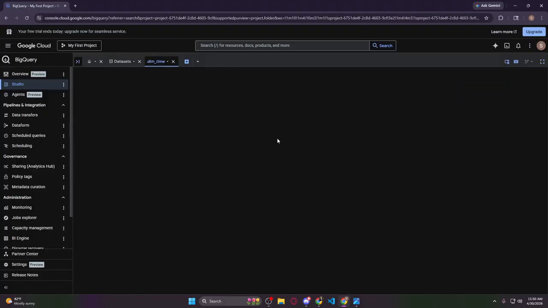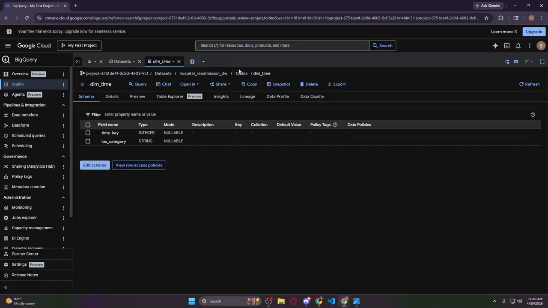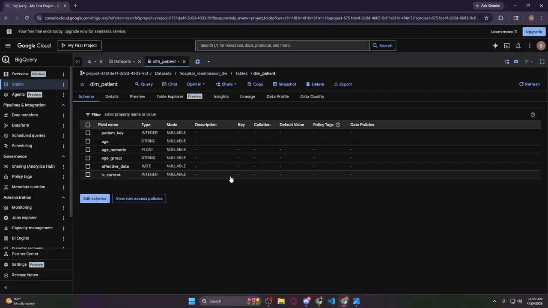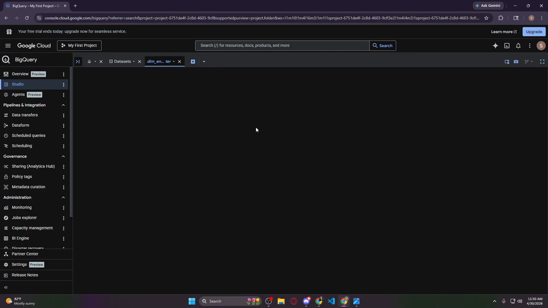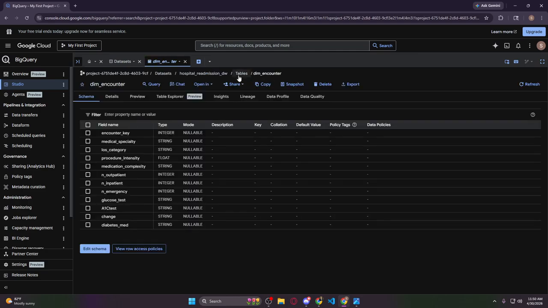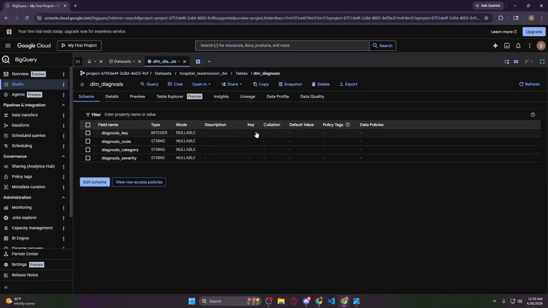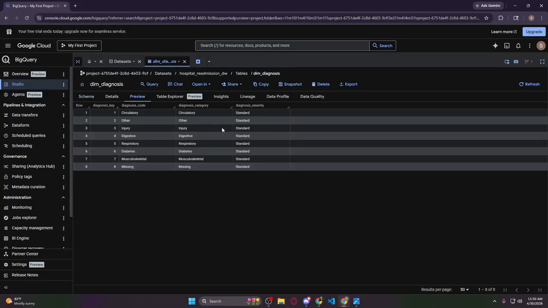Then we have dim_time, which only has the 2. Then dim_patient, which has all of them as well. Dim_encounter, and then dim_diagnosis. And they all have data in them. I probably should have shown that, but these are the different diagnosis keys.